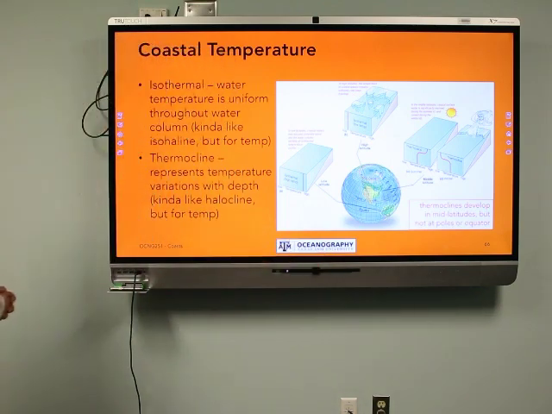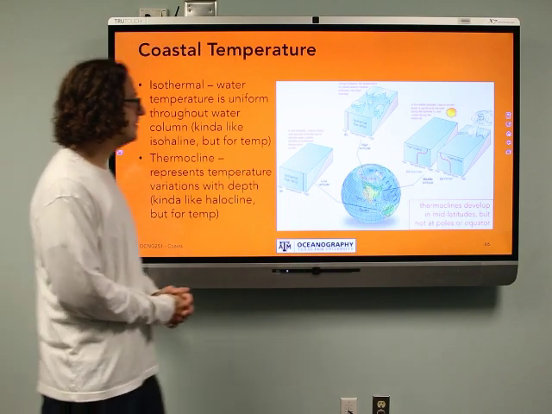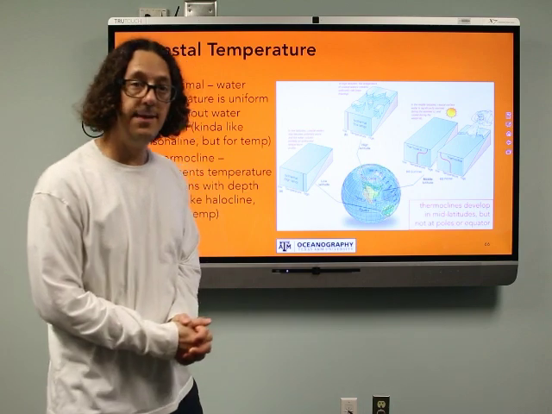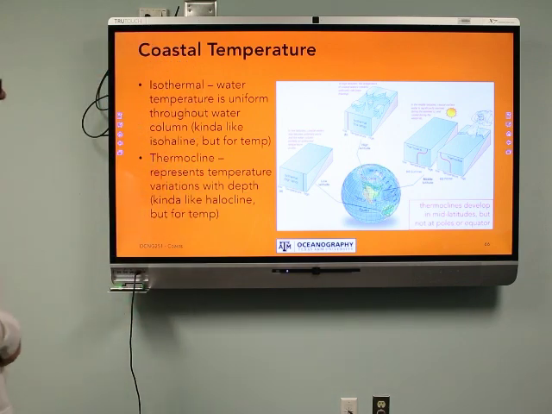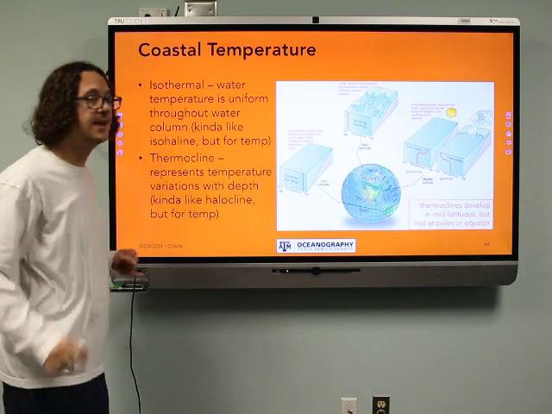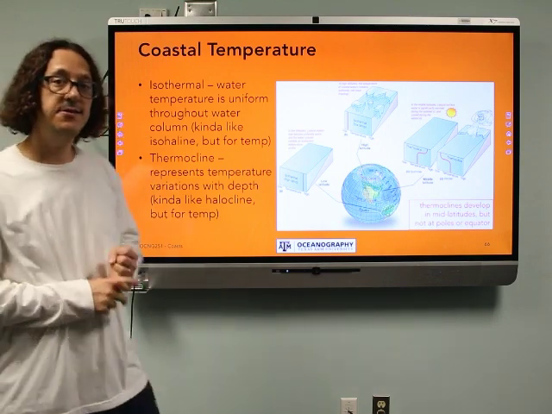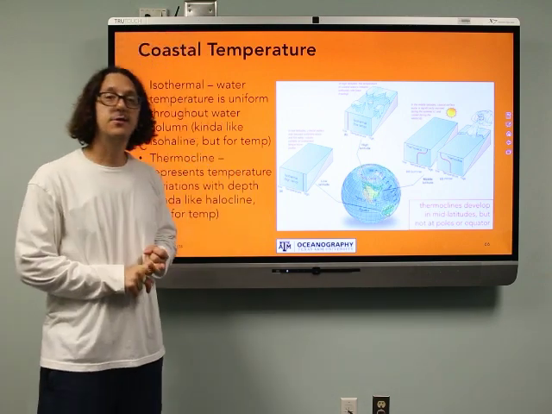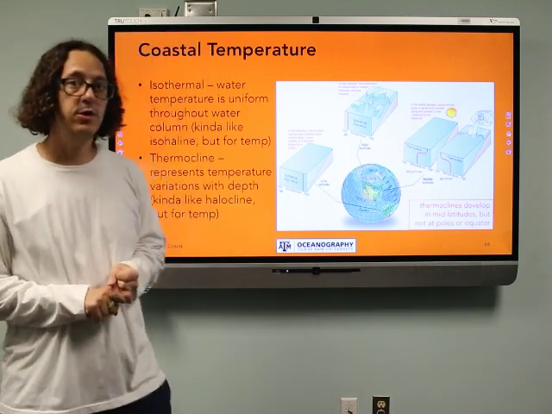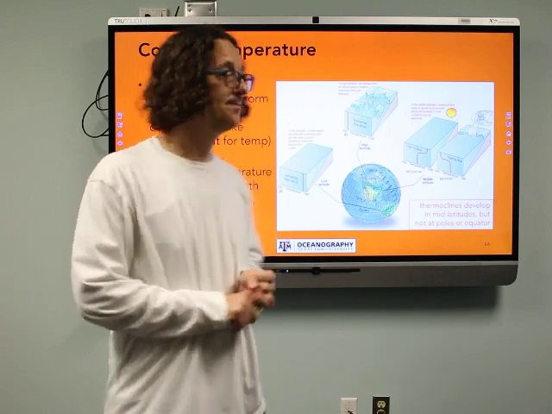So salinity is one thing that impacts the coastal water column and the density structure. Temperature is the other thing. Just like isohaline indicates that the entire water column is one salinity, isothermal indicates that the entire water column is one temperature.